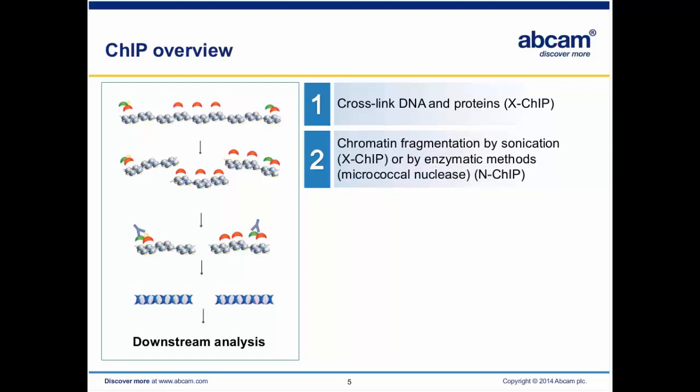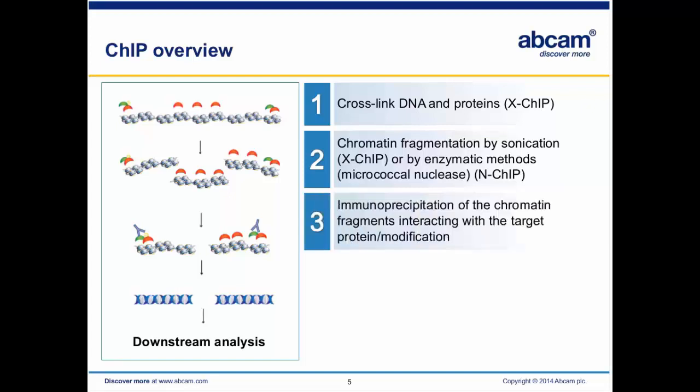In some instances, when the binding of protein to DNA is stronger, such as with nucleosomes, cross-linking is not necessary, which is referred to as native ChIP. In native ChIP, micrococcal nuclease is used to digest the DNA, which produces DNA fragments the size of a monosome.